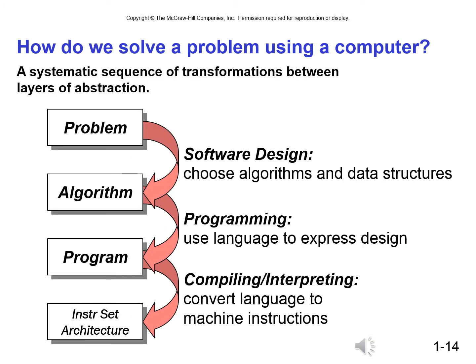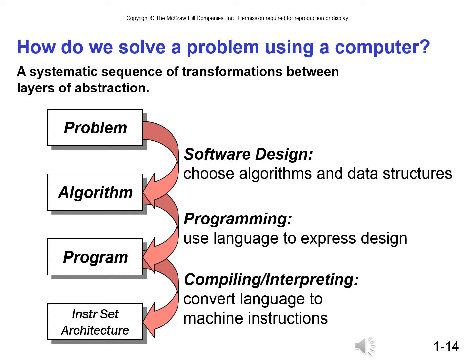I think I probably handled this already, but how do we solve a problem using a computer? There's a systematic sequence of transformations between layers of abstraction. You've got the problem, then you design an algorithm and your data structures, and then the algorithm gets refined and implemented using a programming language to express that design.